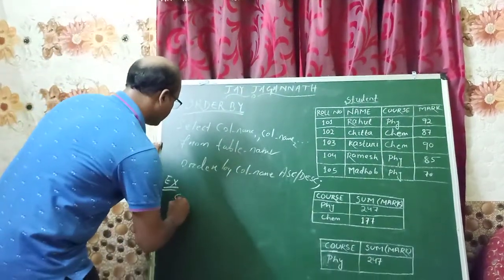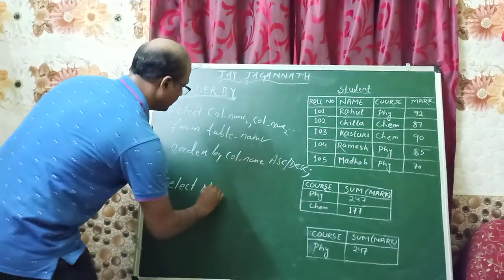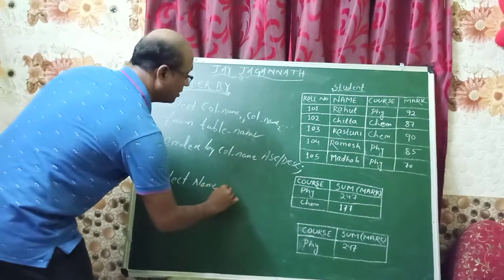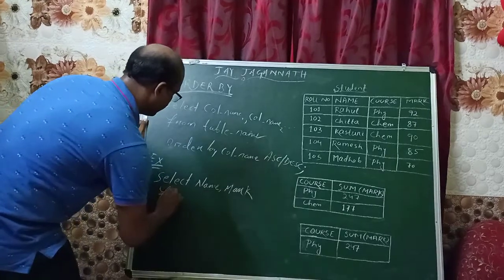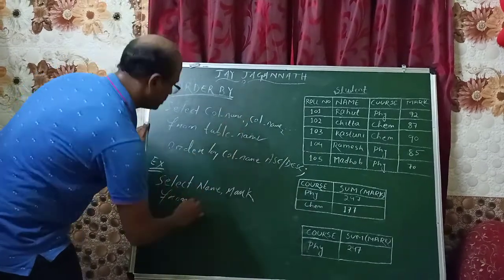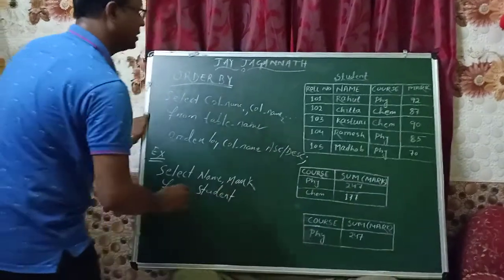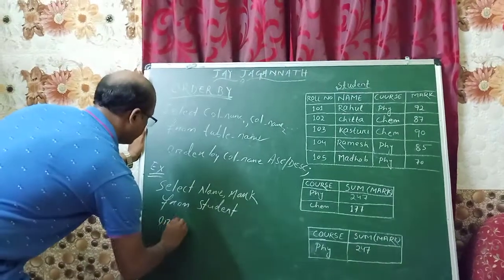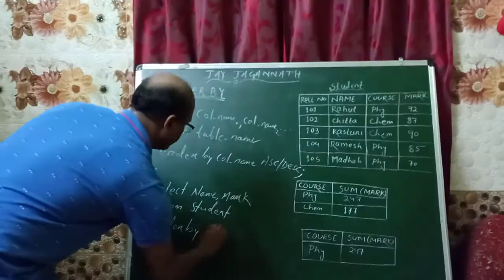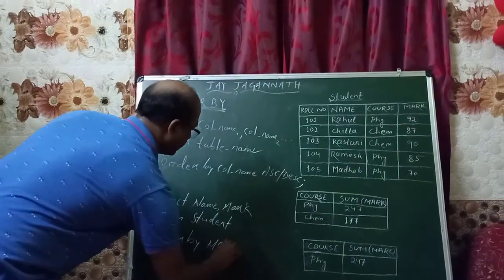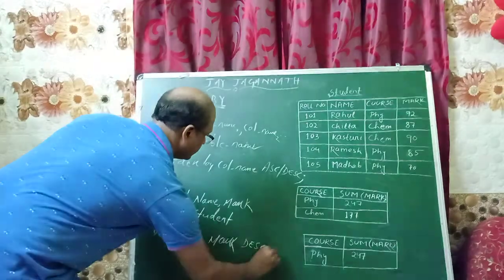Then for this purpose, you can write the query like this: select name, mark from student order by mark DESC semicolon.